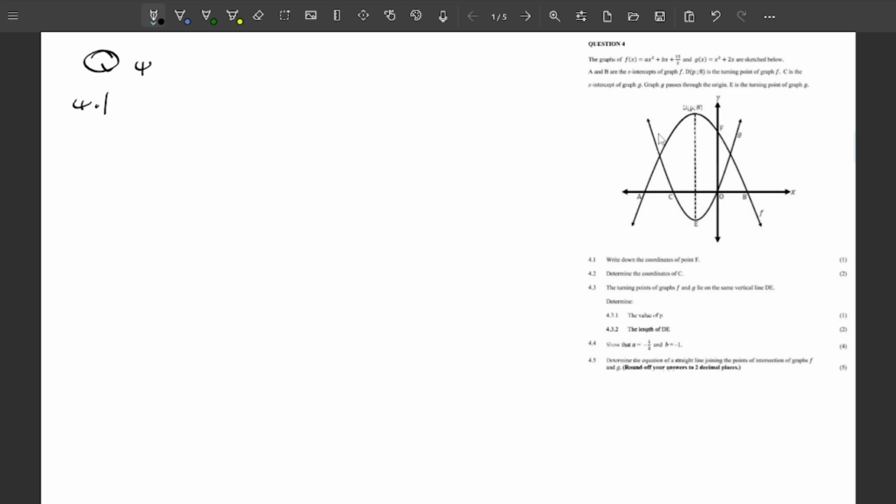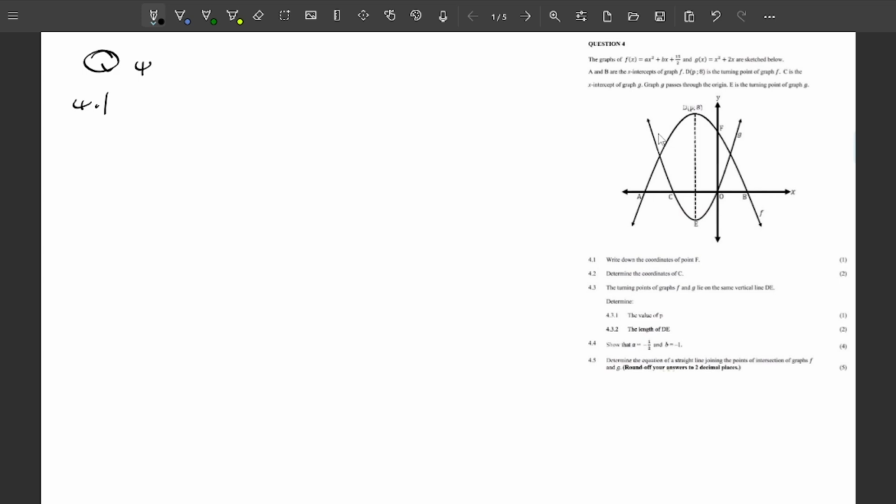The statement above states that the graphs of f of x equals a x squared plus bx plus 15 over 2 and g of x equals x squared plus 2x are sketched below. From what we have just read, this is a quadratic and this is a quadratic function. So we have two quadratic functions here sketched below.